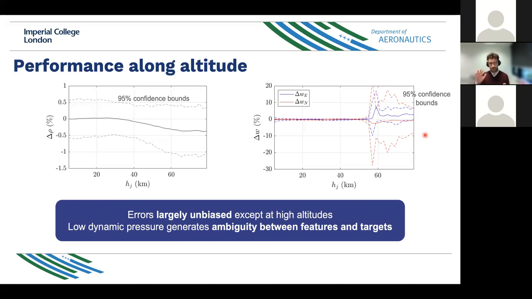If the density is very low, all trajectories that pass through those layers, since we're starting from the same initial conditions, will experience very small aerodynamic forces, which means that the feature sequences that we're passing to the network will be roughly the same. And this generates a large uncertainty in the predictions of the targets at those altitudes. But overall, this has limited interest for guidance because there's really not a strong effect on the dynamics.